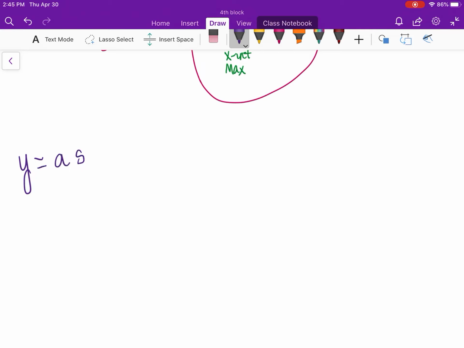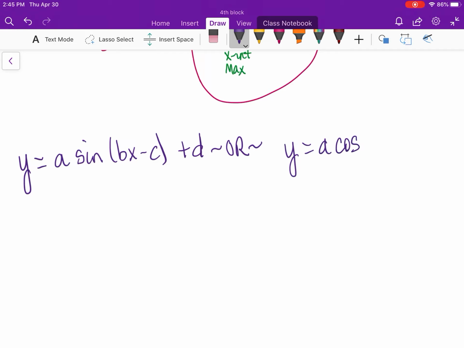So if you have y equals a times the sine of bx minus c plus d, or if you have y equals a times the cosine of bx minus c plus d.